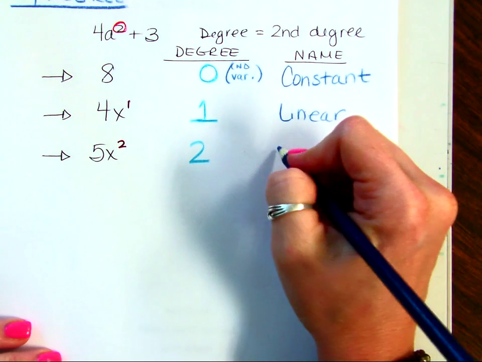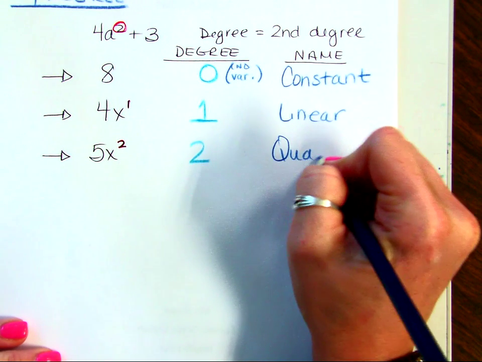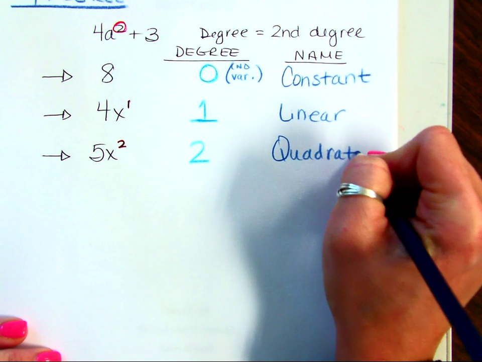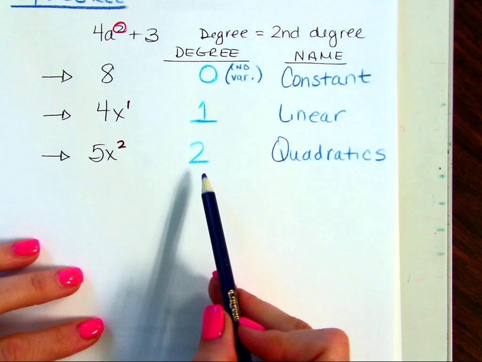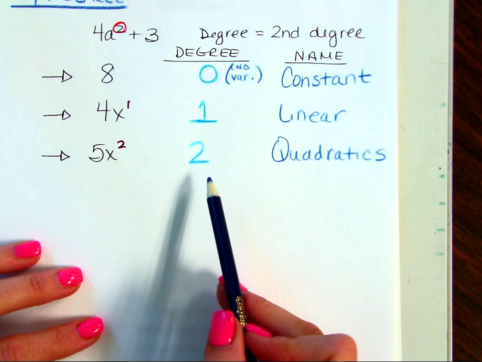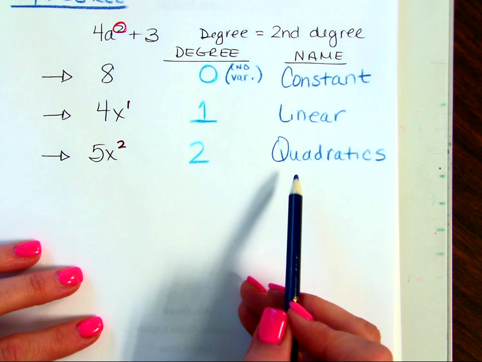We call second degrees quadratics. And that really makes it sound like 4. You'll see the name for 4. I kind of think they should switch, but there's some reason why they don't. So a second degree, that's the hardest thing that you're going to have to get in your head. It's called a quadratic. Okay?